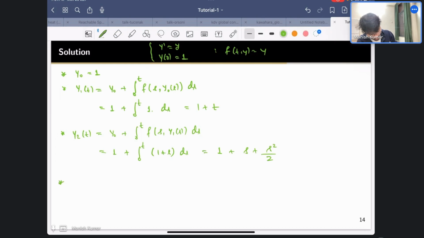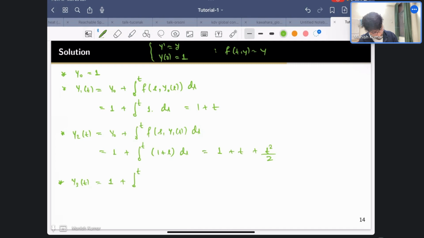Okay, now let us calculate y3. So y3 of t is again y0, which is 1, plus the integral from 0 to t of f(s, y2(s)), which is equal to y2(s). And what is y2(s)? So when you integrate, you will get t.